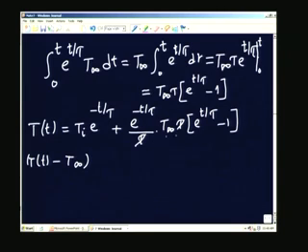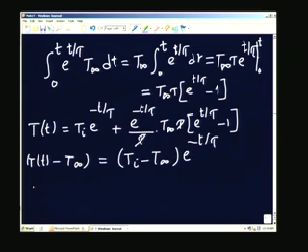Therefore, I will see that T minus T infinity. So, this term, T infinity, will go to the left hand side, and it is equal to T I minus 1 into T infinity, that is minus T infinity, times e to the power of minus t by tau.